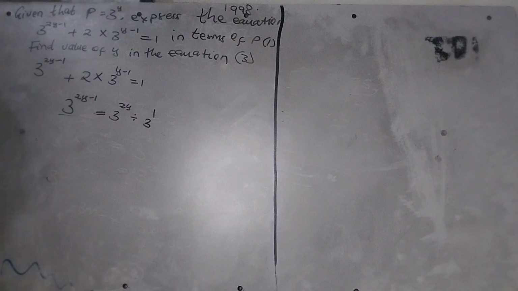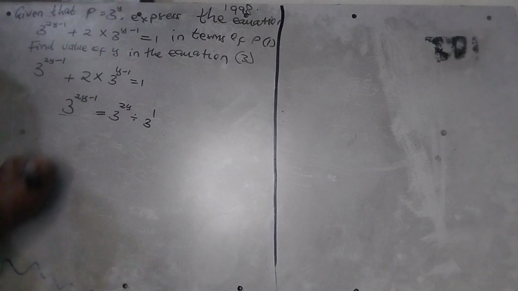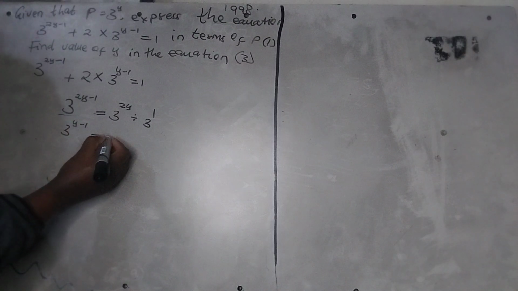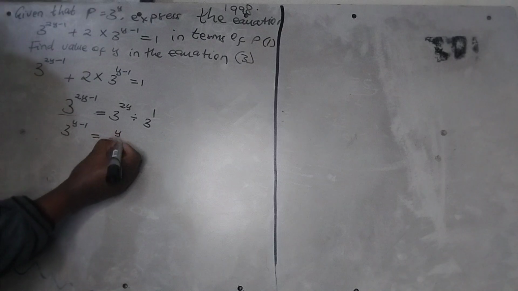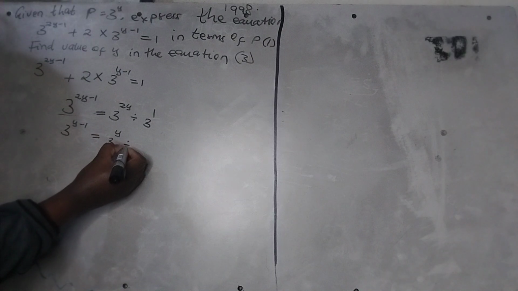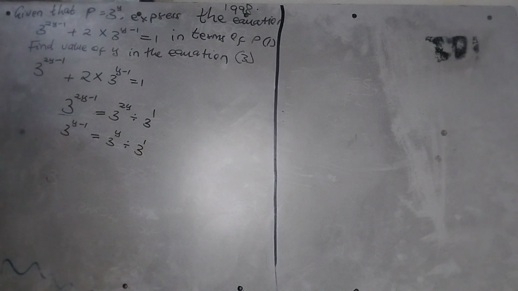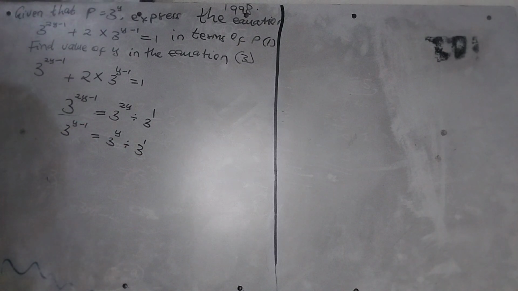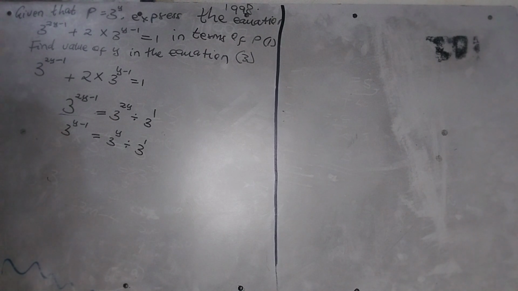Good. What about the 3 to power y minus 1? It simply becomes 3 to power y divided by 3 to power 1. The division is represented by the subtraction on the power. Good. One more thing.